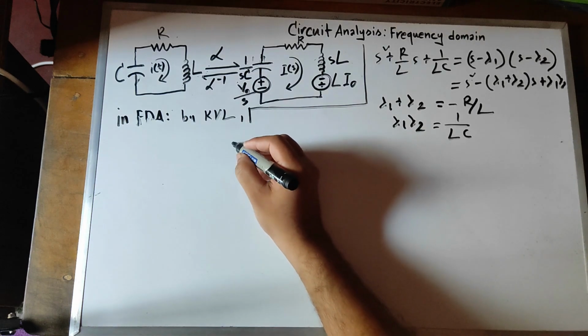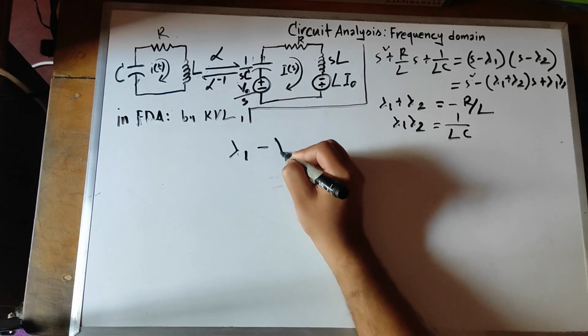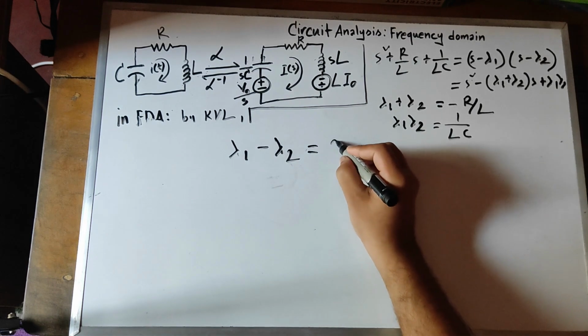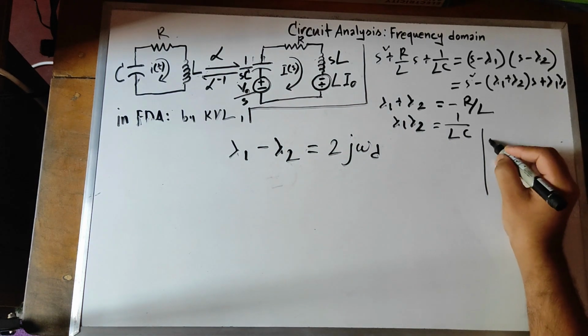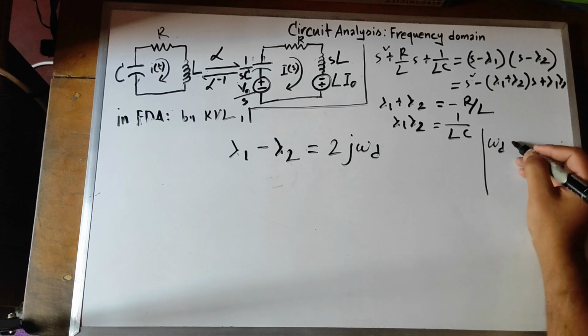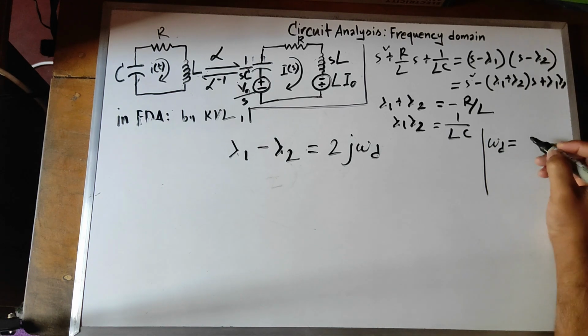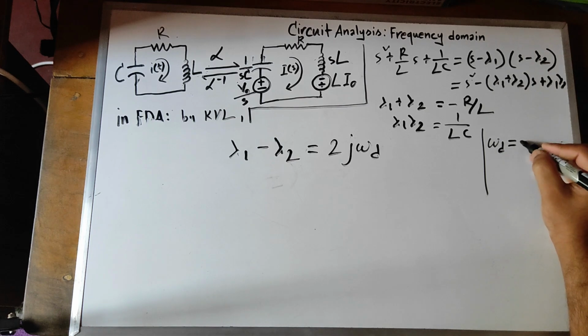So we have found lambda 1 minus lambda 2 equals 2 j omega d, where omega d is the damped natural frequency, however you might say it.